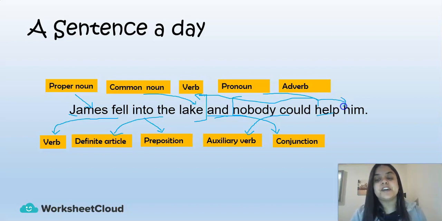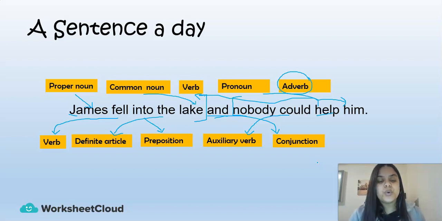Now here's something funny, grade 4s. What's funny is that when we are busy with our parts of speech, it's easy to get confused. As you can see, I purposely put this word over here, adverb, into the lot. But there are no adverbs in this sentence. Okay, there are no adverbs in the sentence.